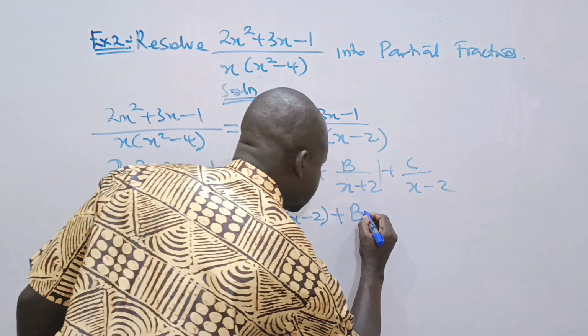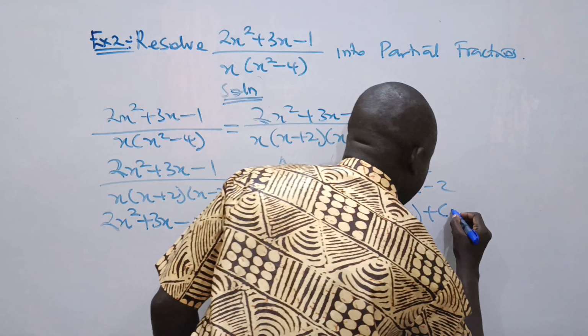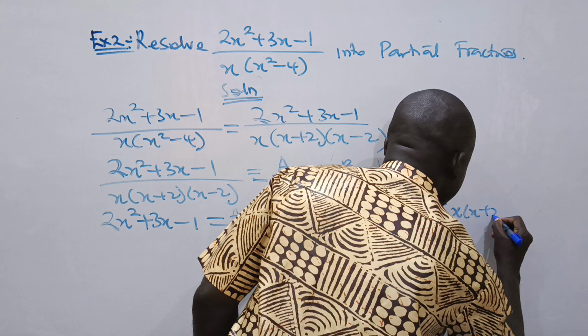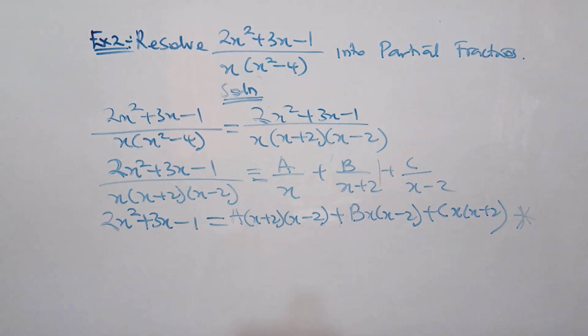We'll be left with B times x(x - 2). Then plus C. The same thing, we have C times x(x + 2). That's what we do.